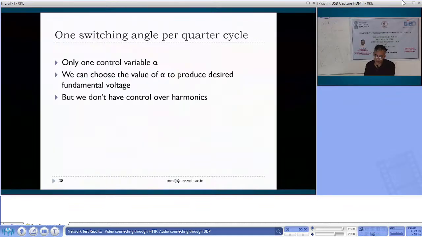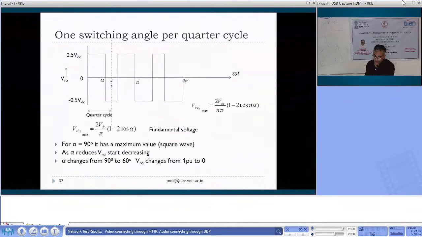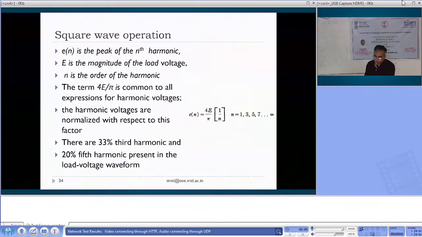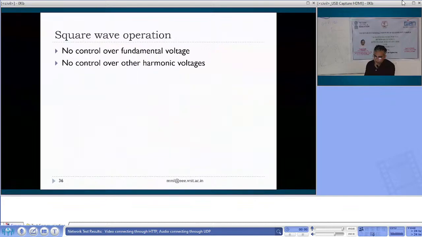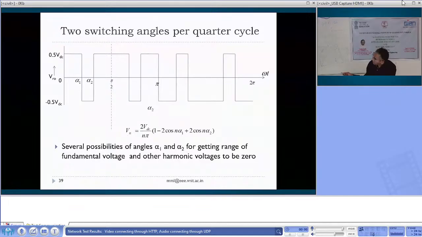We can have another, two-angle switching. Two times I switch in one quarter cycle. In the previous case, in one quarter cycle I am switching only once. Now I am switching twice, so I have two angles.